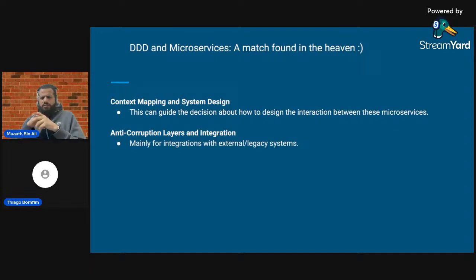Now we have a very interesting concept in domain-driven design called anti-corruption layers and integration. It's mainly for integration between legacy systems and external systems. For example, we have a subdomain called payment management, let's say a microservice called the payment microservice. If an order is placed and I want to pay for this order, I want to speak to the payment gateway, which is an external system to my business.